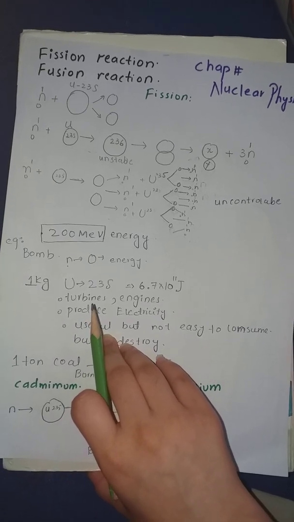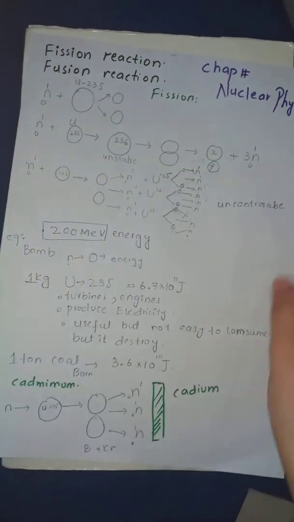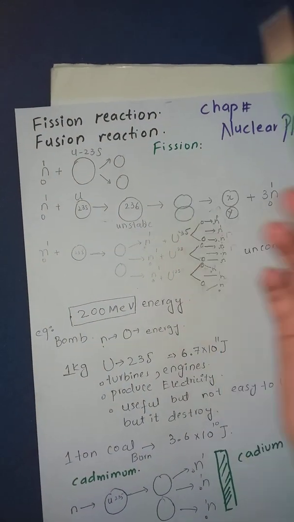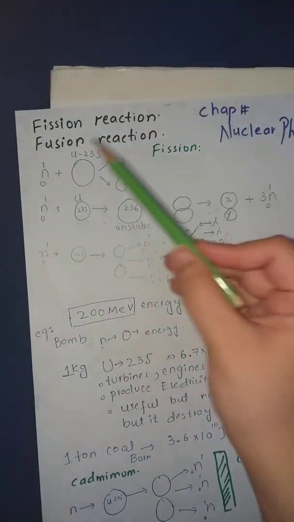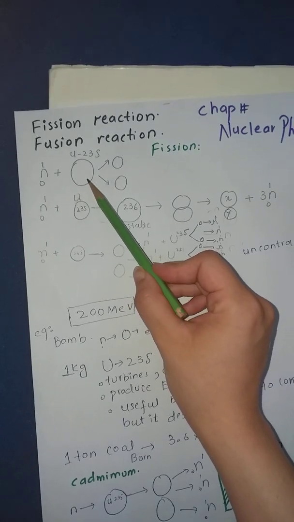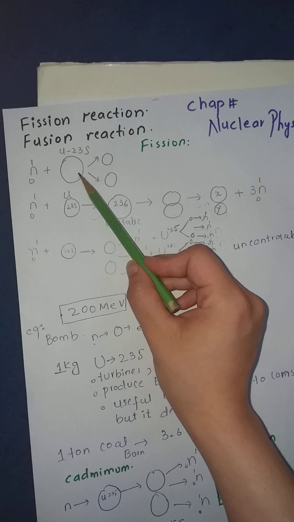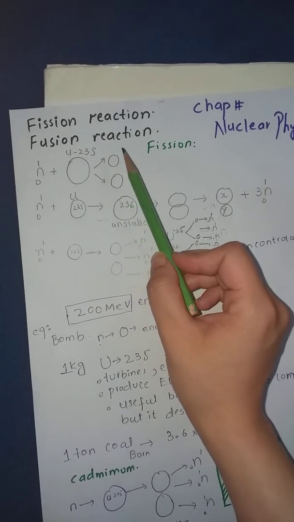First, we are going to study fission reaction. What is fission reaction? Fission reaction is a reaction in which one element is converted into two smaller elements.